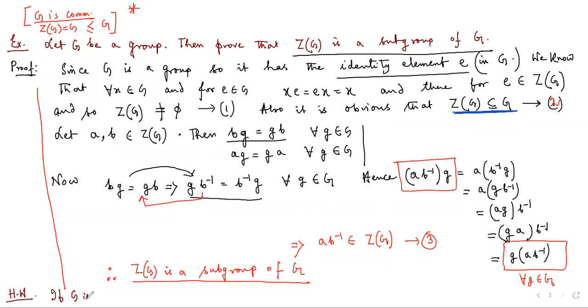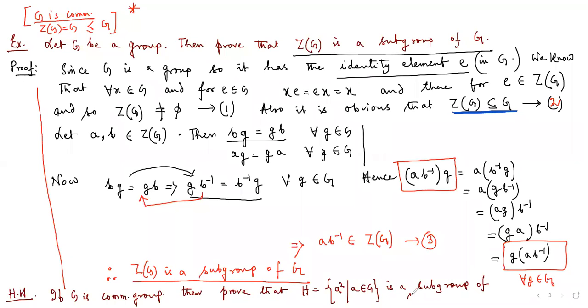If G is a commutative group, then prove that H equal to A square, A belonging to G, is a subgroup of G. This is one example that you can try by the similar approach by which I have done the two problems.